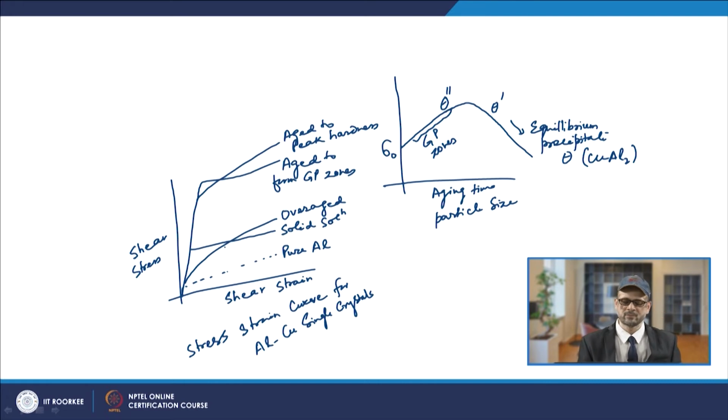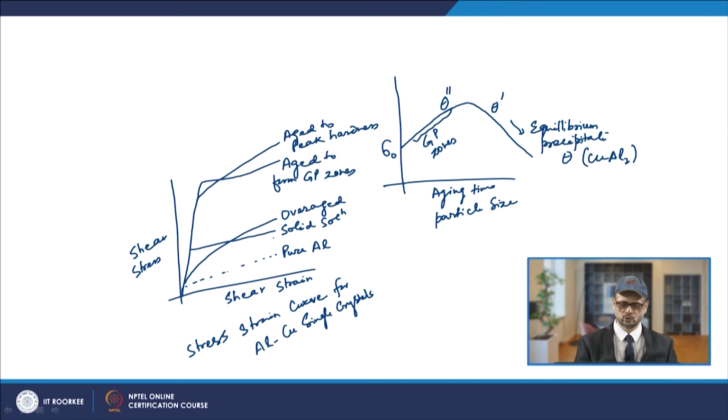So, there is a significant increase in the yield stress value, but the rate of strain hardening is low. That is the characteristic of easy glide or easy slip, and in this case the slip bands are quite wide, broad and widely spaced.